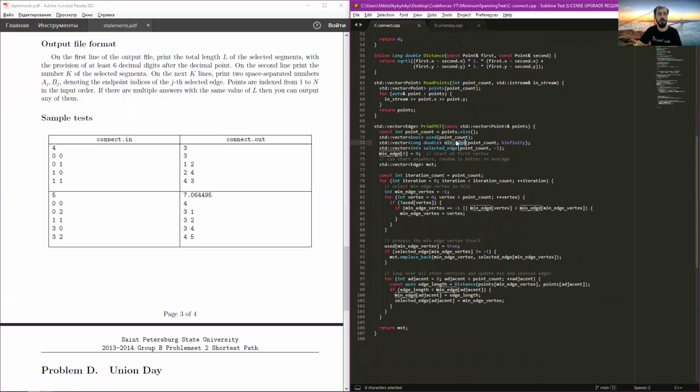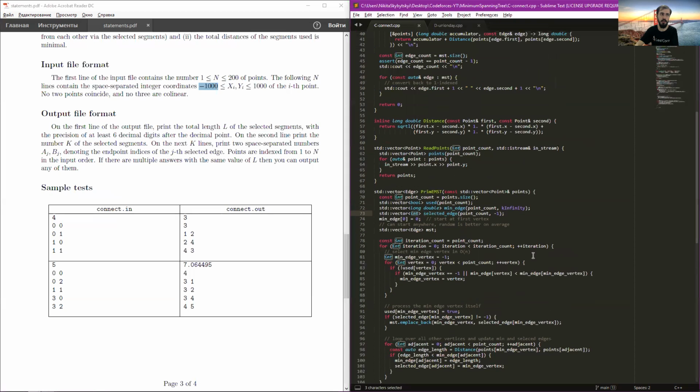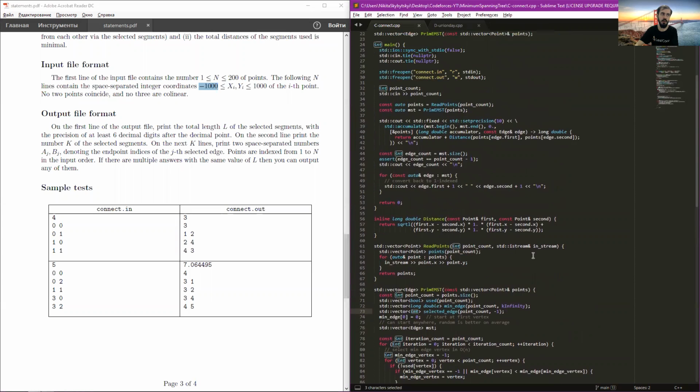Prim's algorithm keeps track of the minimum edge going to every vertex, and because we want not only to compute the length, but we also want to compute all the edges, for that purpose we will have a selected edge that points to a vertex ID. So we have the length of the edge and the ID of the vertex from which this edge comes.